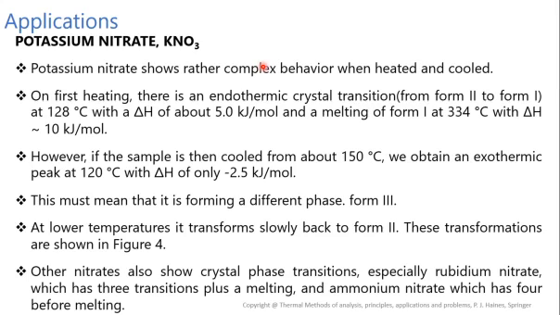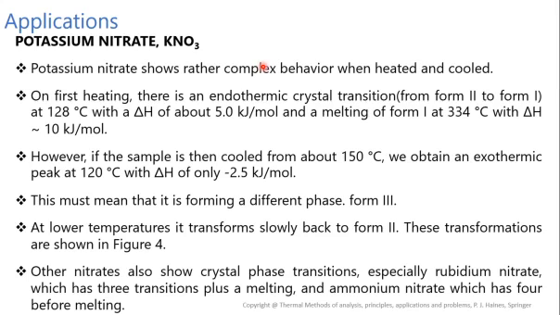Next, we have to see the crystalline phase transition for potassium nitrate. Potassium nitrate shows rather complex behavior when heated and cooled. Let us look at the different behavior shown by potassium nitrate.